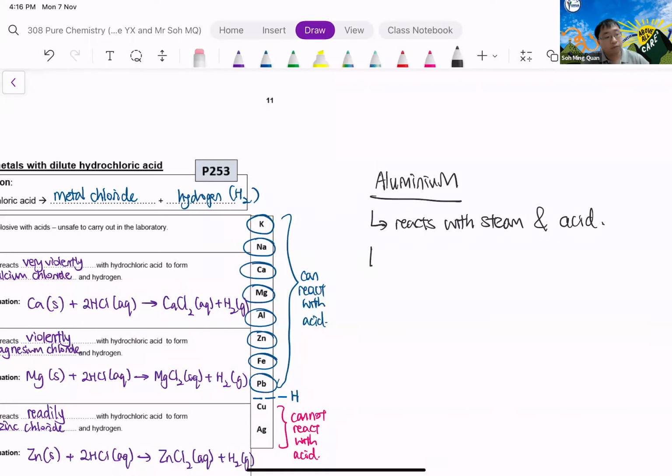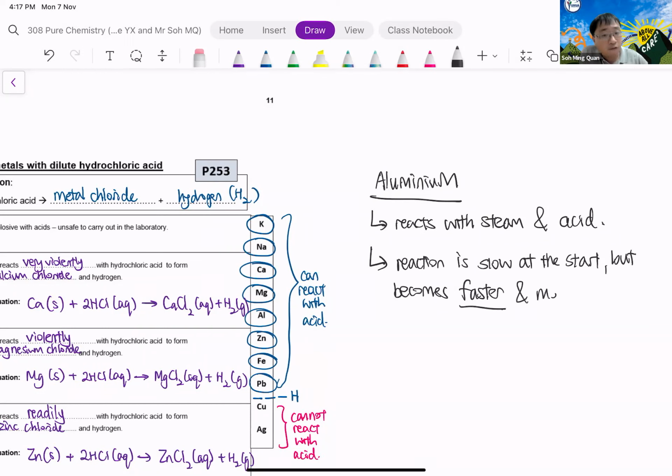However, if you use aluminium metal, the reaction is slow at the start, but becomes faster and more violent as it proceeds.